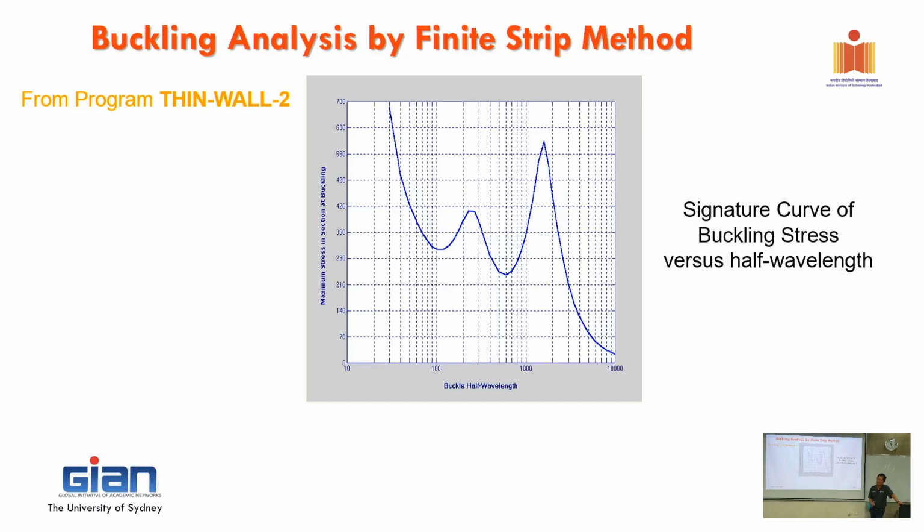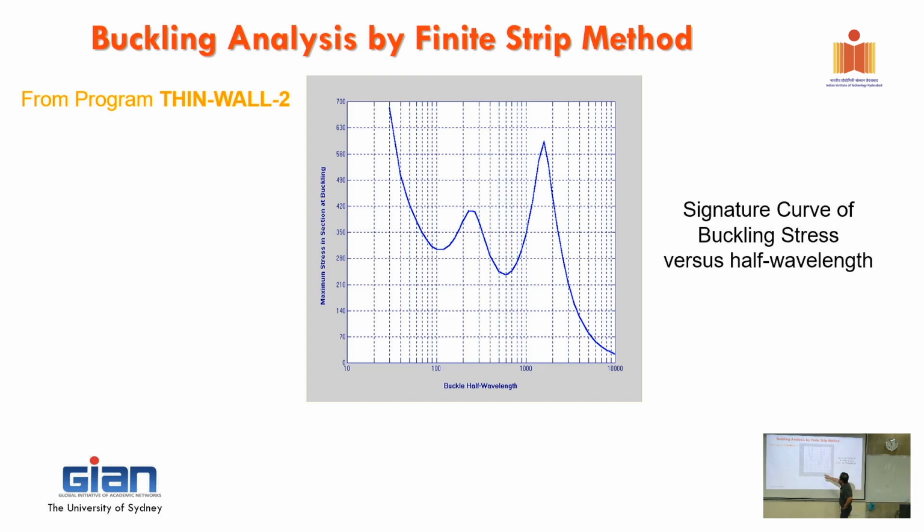What Professor Hancock explained to me is that every section, like you, has its own property or its own behavior. So they need a signature. So how are we going to distinguish between these signatures? The signature curve here will give you the differences between the behavior of the sections in terms of buckling. So that's just the story behind it.